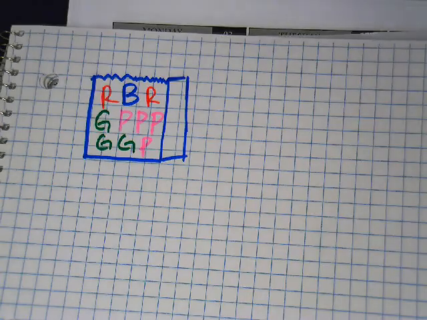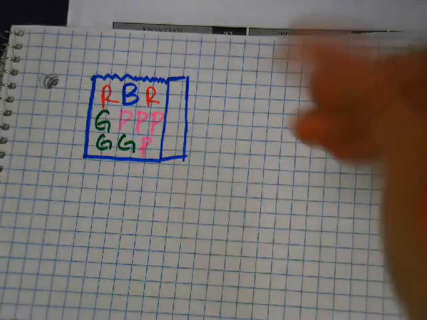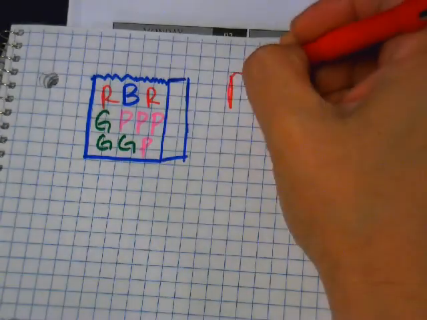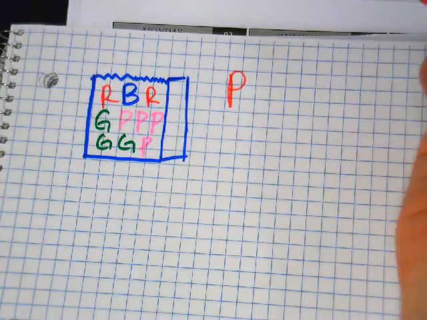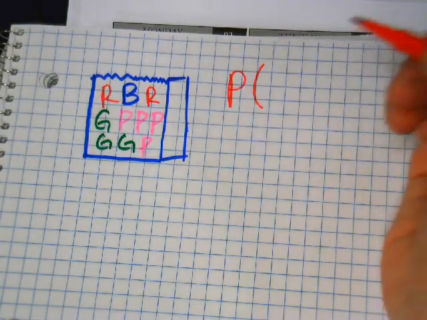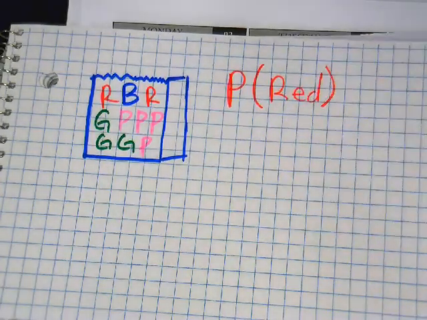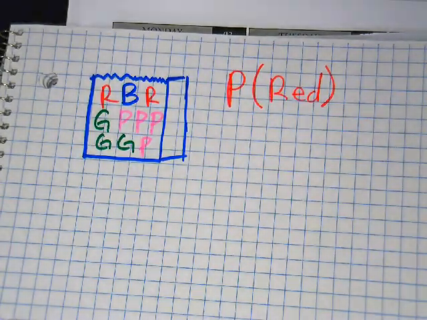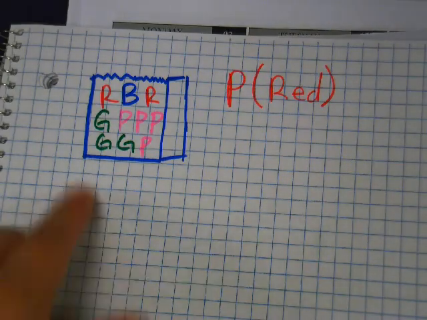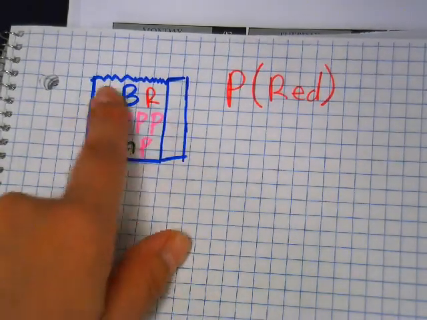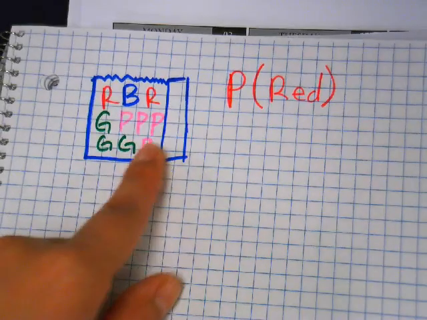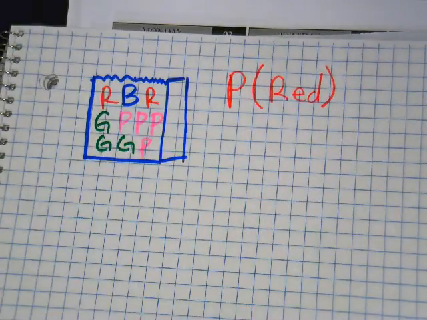Okay, cool. Okay, first question I'm going to ask. P stands for probability. Probability of red. 2 out of 10. Okay, red. So, you look in the bag. How many R's for red are there? 2.